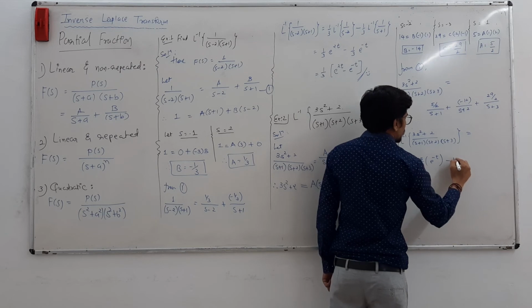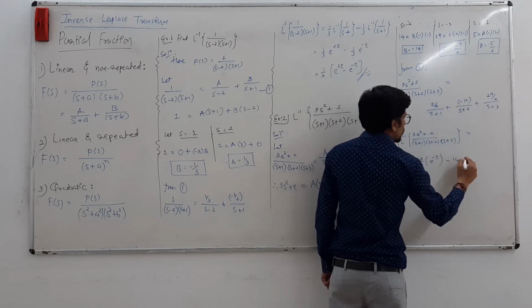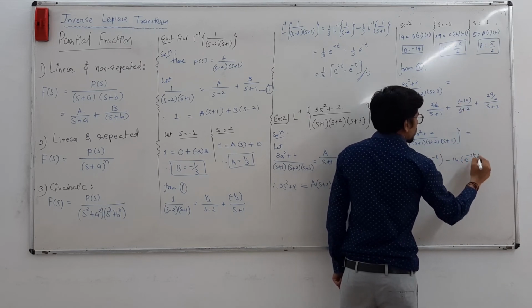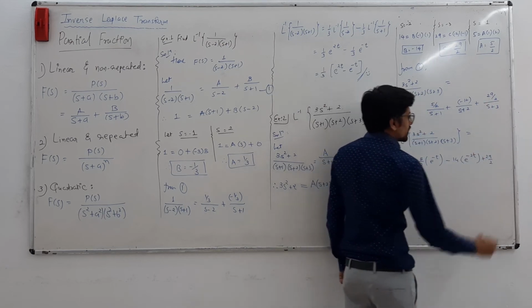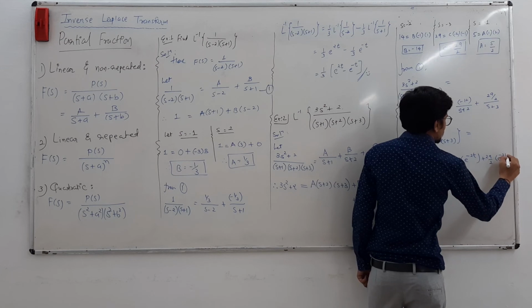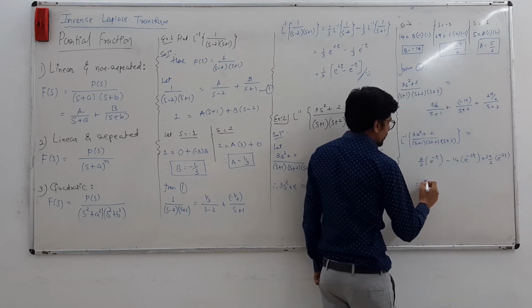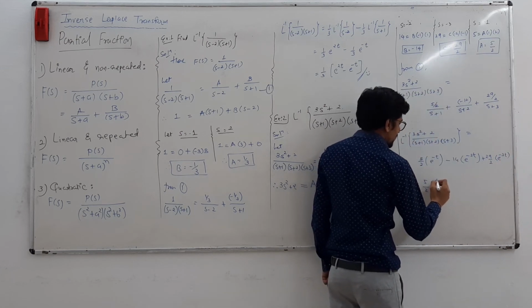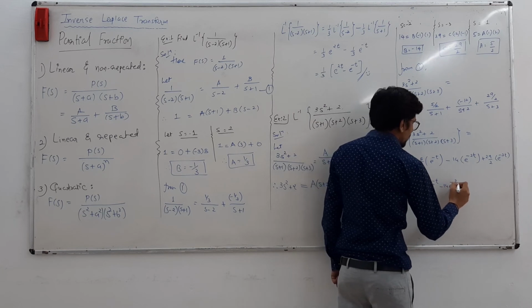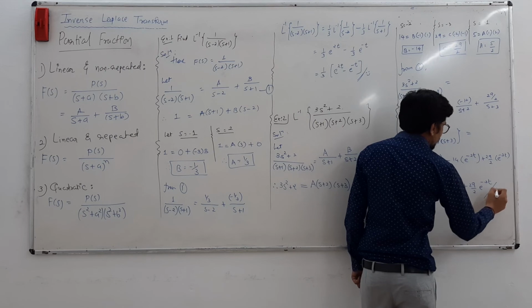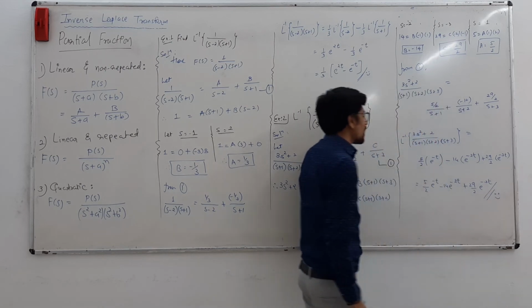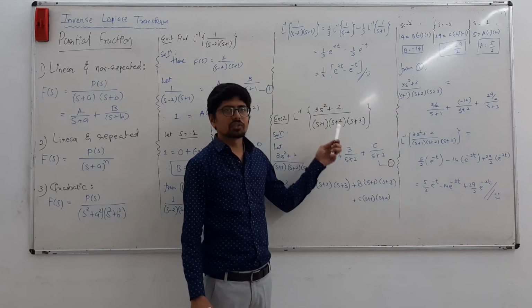Again minus 14 outside, constant, 1 upon s plus 2, that is e raised to minus 2t, and 29 by 2 common, 1 upon s plus 3, that is e raised to minus 3t. So this is my answer: e raised to minus t minus 14 e raised to minus 2t plus 29 by 2 e raised to minus 3t. That is the final answer, which is the inverse Laplace transform of this function.